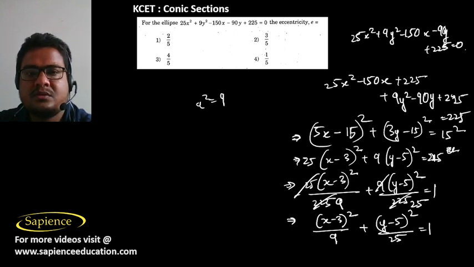A square equal to 9, so a will be equal to 3, then b square equal to 25, so b will be equal to 5.